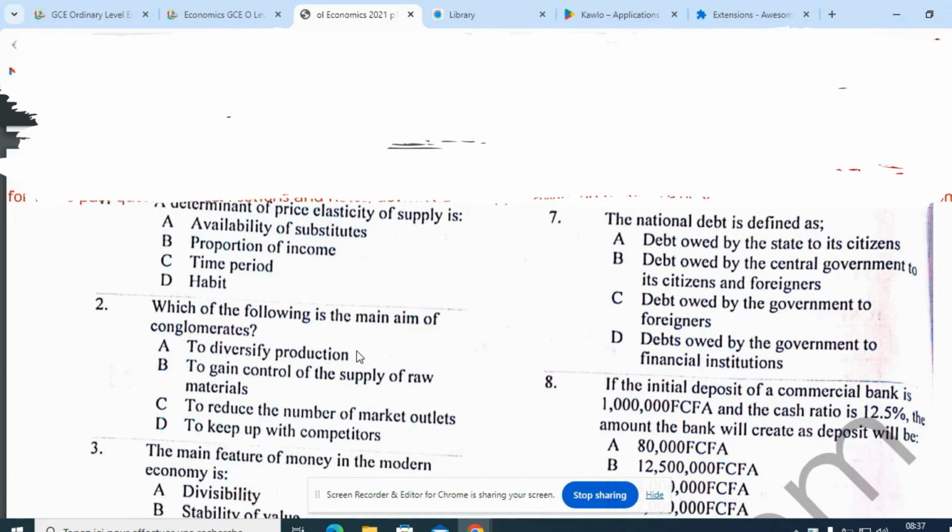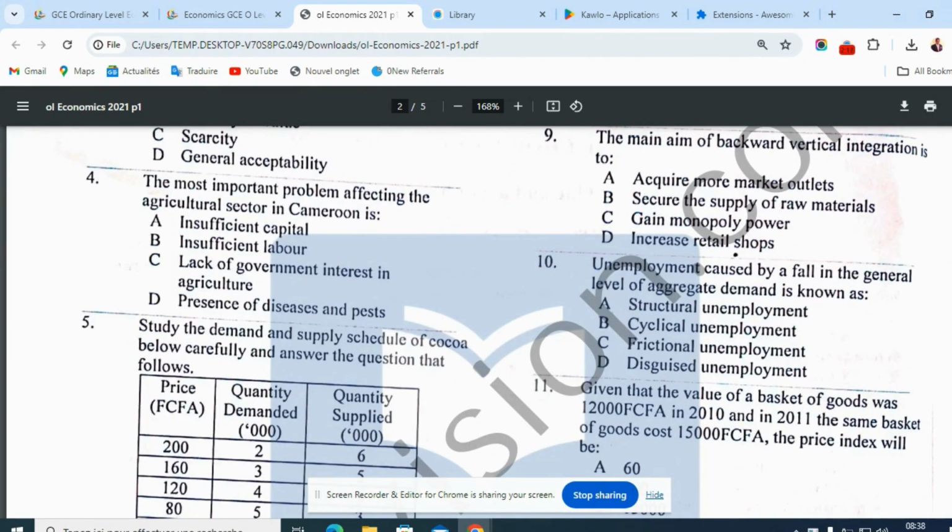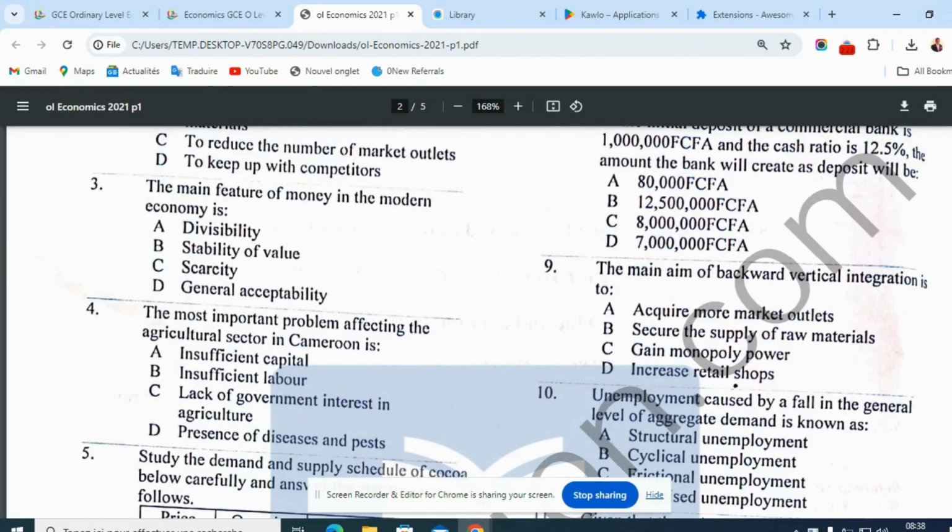Number three question, it says the main feature of money in the modern economy is. So what is the main feature of money? If they ask you that, what is the main feature of money? What is money actually doing in the society, right? So we have four answers.